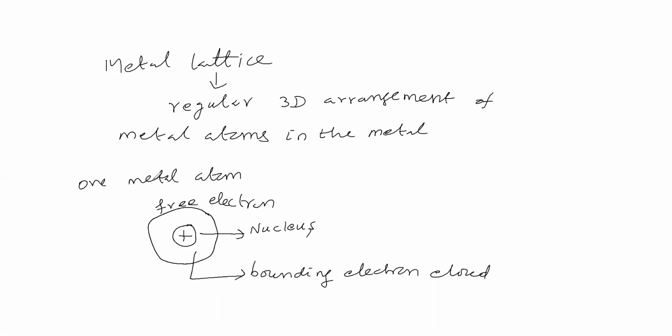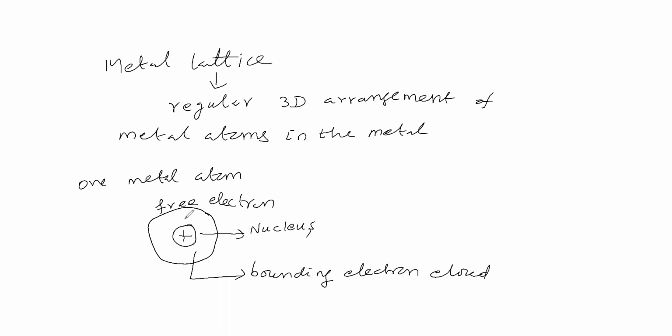This free electron is not only present around the nucleus of this metal atom; it will move from one place to another, from one metal atom to another in the lattice.